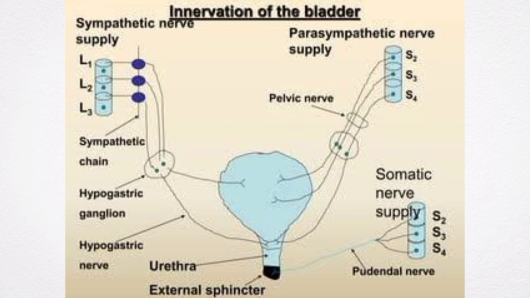Now, the third nerve is part of the sympathetic nervous system. The preganglionic fibers of this nerve arise from the thoracic segment and synapse at a ganglion called the hypogastric ganglion. It sends neurotransmitters that pass on the impulses to the postganglionic fibers known as the hypogastric nerve. The hypogastric nerve releases the neurotransmitter called noradrenaline.